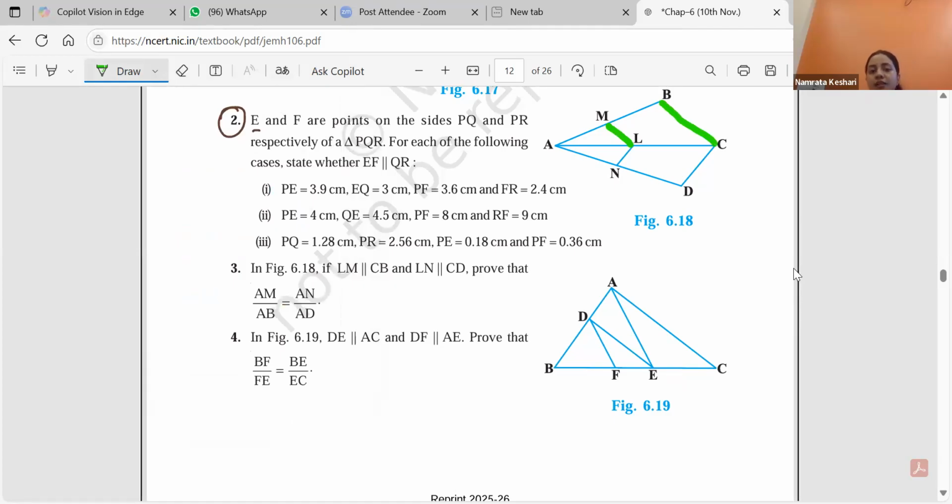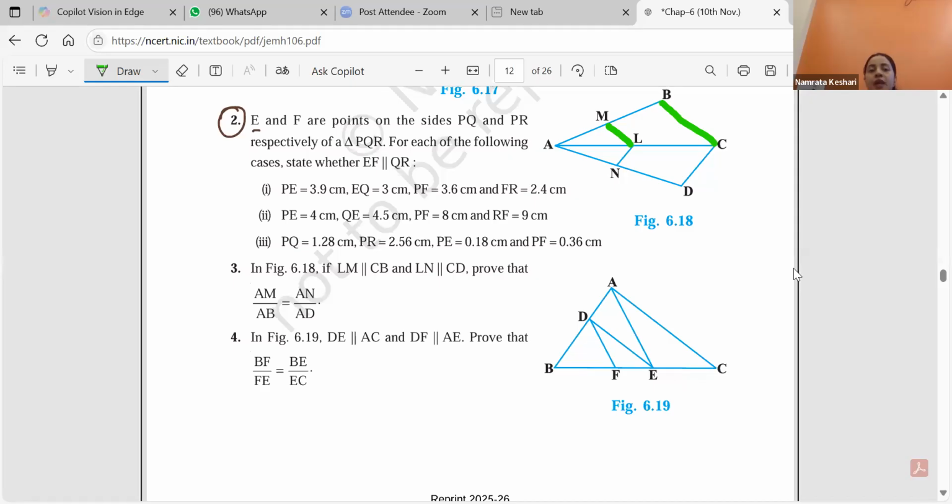The moment you find that something parallel is given, you need to search for a triangle so that you can use the basic proportionality theorem. If a ratio is given, then you need to search for a triangle, so that you can see whether you can use the basic proportionality theorem or maybe the converse of the basic proportionality theorem.